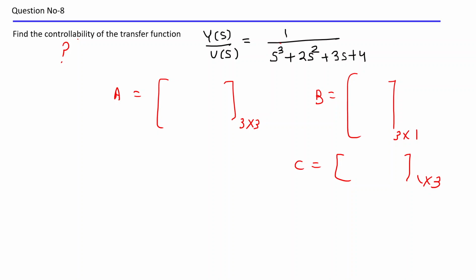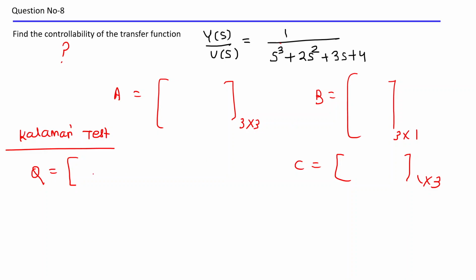Next, how to check the controllability? You can check it by using Kalman's test. Just use this formula. Kalman's test says that Q is a matrix. How many terms are there?